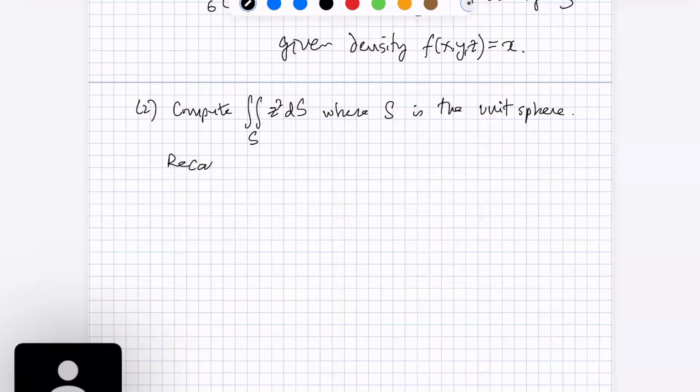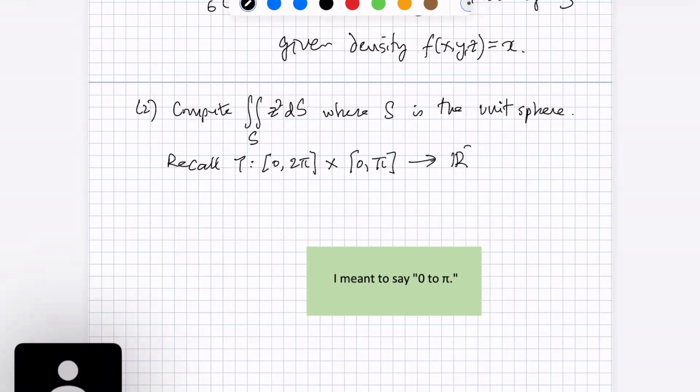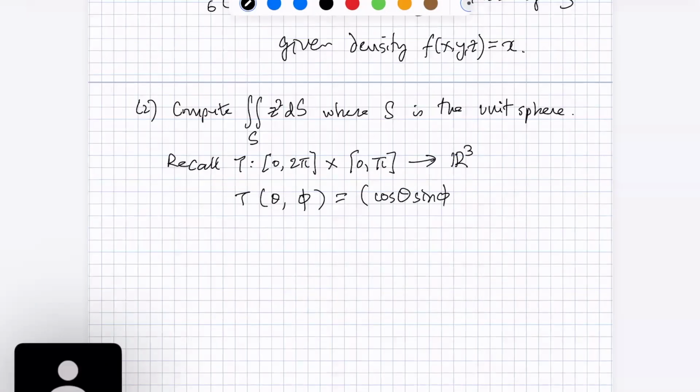So recall that T is a function from [0, 2 pi] cross [0, pi], that's theta and phi, to R3, and then T of theta, phi is equal to (cosine theta sine phi, sine theta sine phi, cosine phi).